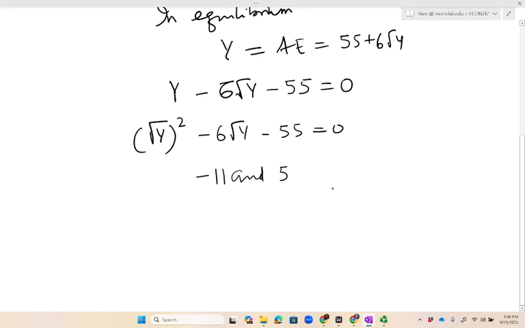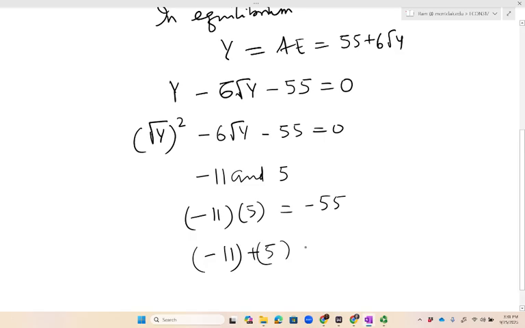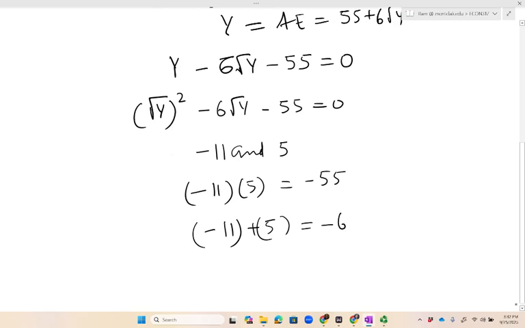Minus 11 multiplied by 5 turns out to be negative 55, that's the first requirement. And minus 11 plus 5 is negative 6, which is the coefficient here.